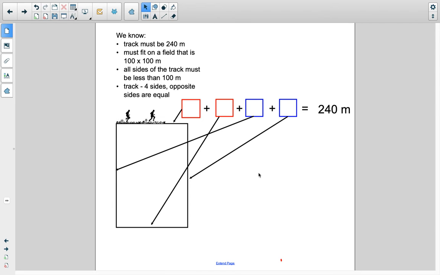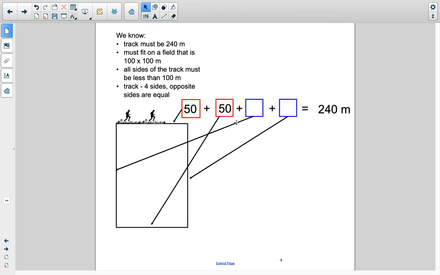So how do you tackle a problem like this? This is a guess and test problem, but it's also a bit of a decomposition problem. I'm going to look at the 240 and ask, what friendly numbers can I break this into, 4 numbers where 2 of them are the same and the other 2 are the same? I'm just going to pull out a number that's easy. I'm going to use the number 50. So I'm going to say my small side here is 50, and my other small side is 50.